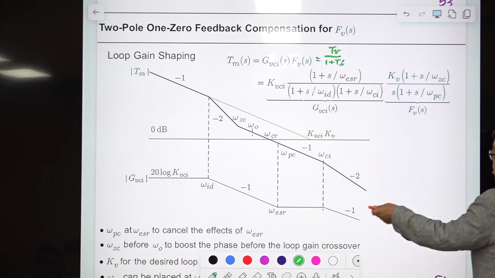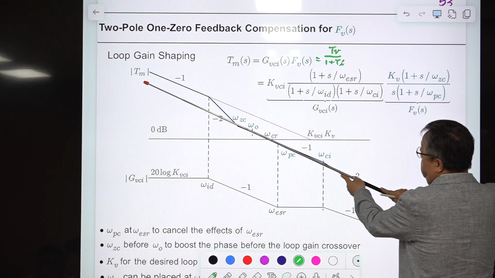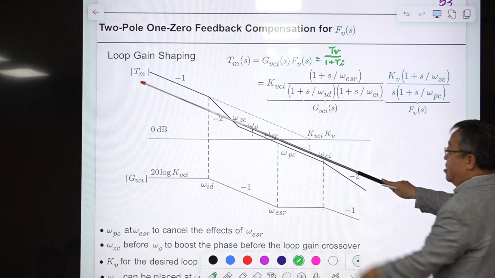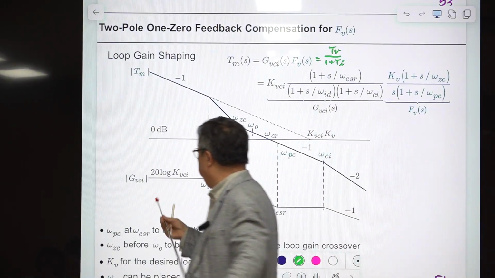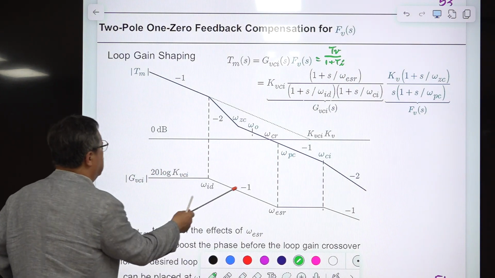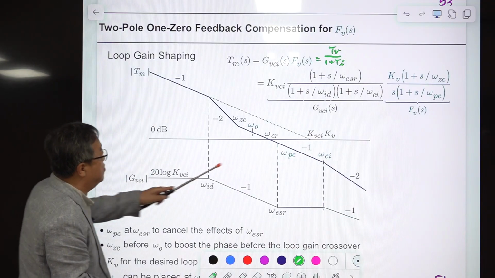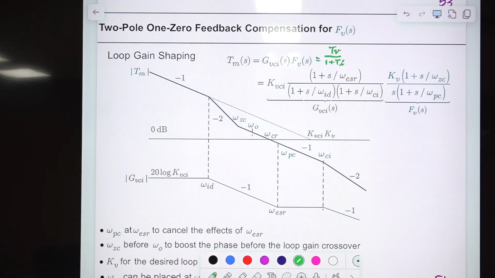The structure is very similar to the ideal structure of this simple integrator. The -1 slope from the beginning to end is very similar. So this is the desired one, and we found the structure of this using the graphical analysis. Nothing is new here, and these two things are cancelled.